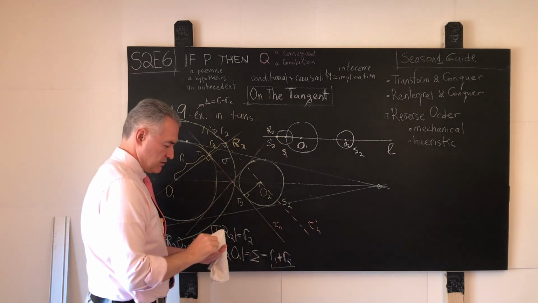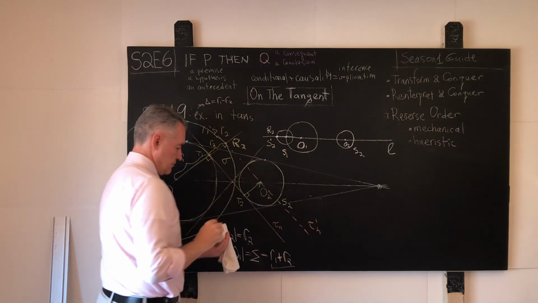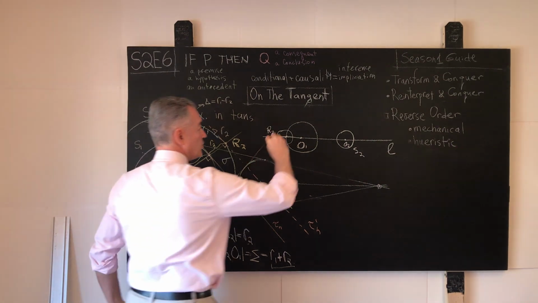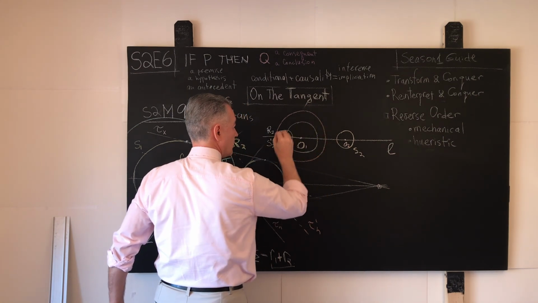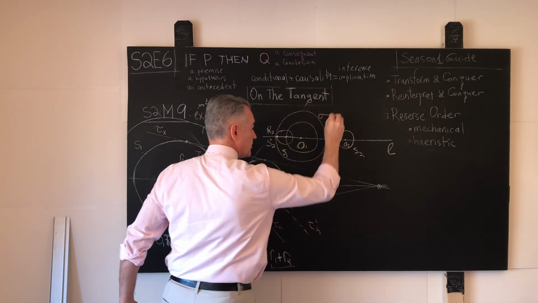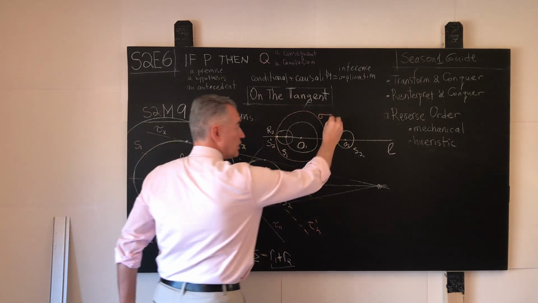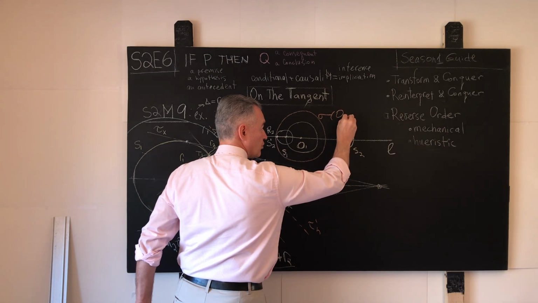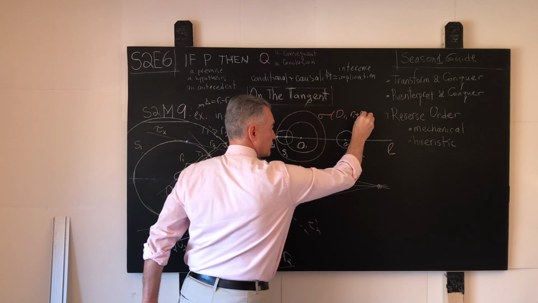We construct then, I used yellow, let me use red one, the helper circle sigma that is centered at the point O1 with the radius equal to R1 plus R2.